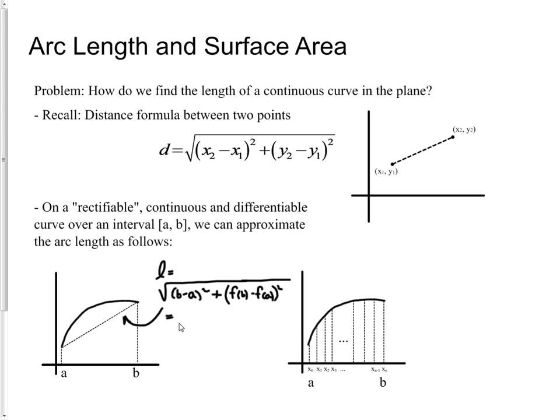Let me show you how. I can factor out the quantity b minus a squared. So I'm going to have b minus a times the square root of the quantity 1 plus, and let's divide.